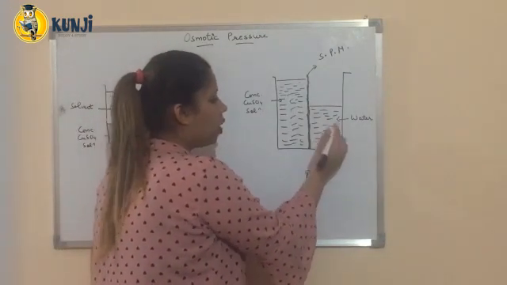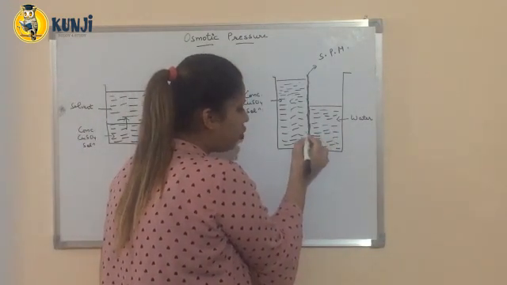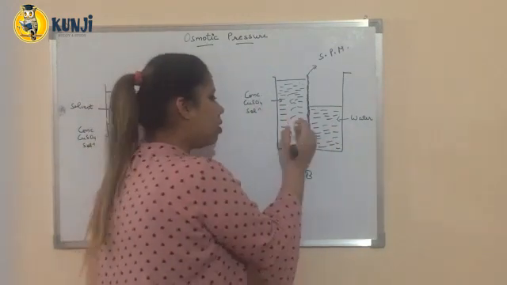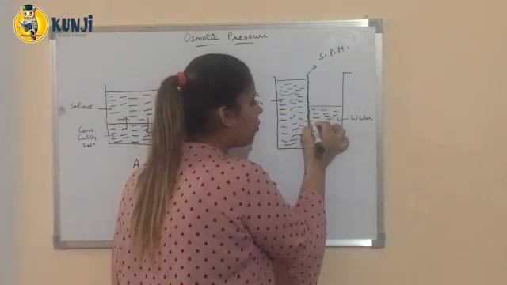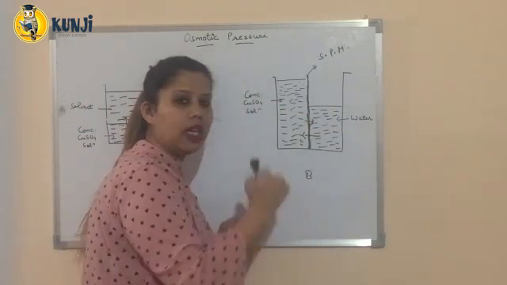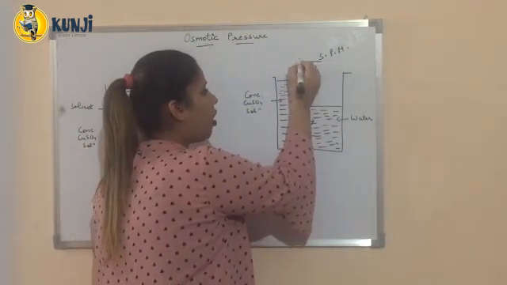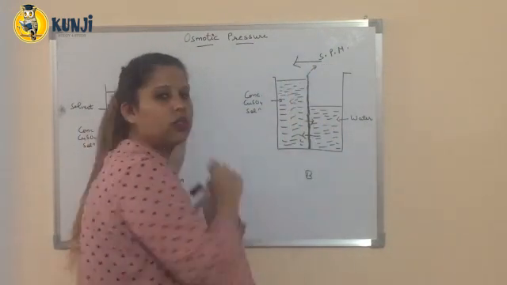The semi-permeable membrane allows only the movement of solvent to the solution side, but there will also be movement of solvent from the solution to the solvent side. But the net movement will be from solvent to the solution.